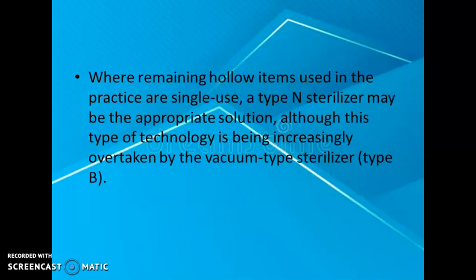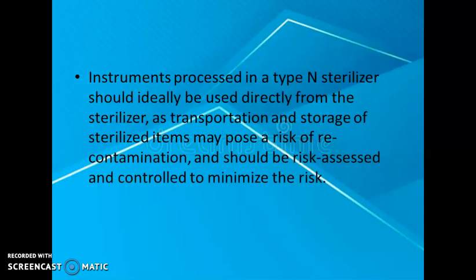Where the remaining hollow items used in practice are single use, a type N sterilizer may be an appropriate solution, although this type of technology is being increasingly overtaken by the vacuum type sterilizer. So, better than this method, a vacuum type sterilizer can be used.